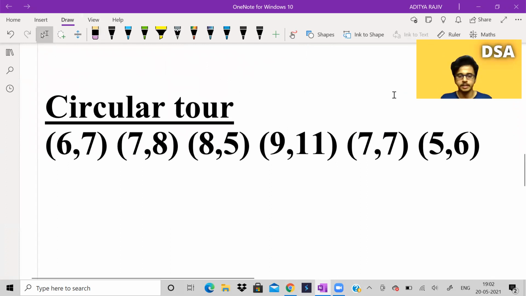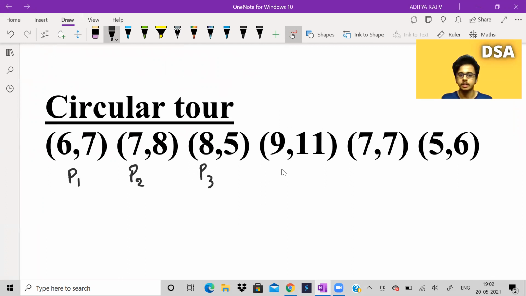So let me just minimize myself. Okay, so now let us take this example. So this is petrol pump 1, 2, 3, 4, 5, and 6. The first value over here will represent distance, and the second value over here represents petrol.